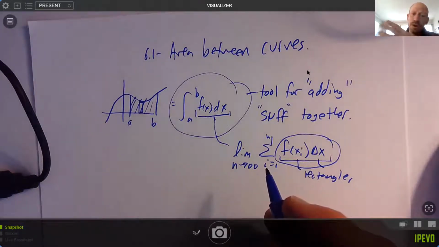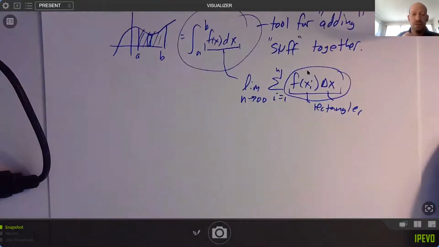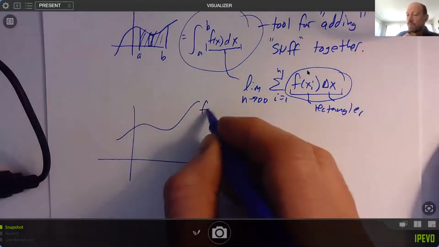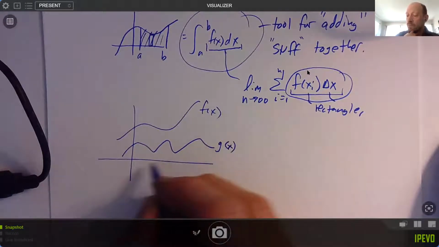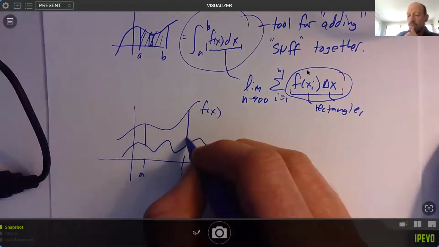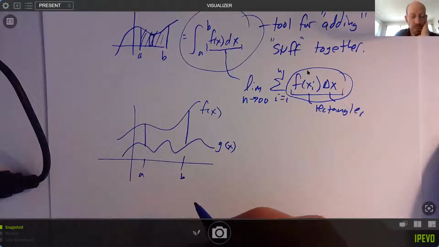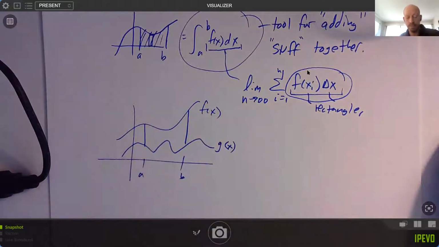So in 6.1, we're still working with areas, but now we want to know the area between two curves. Okay, so we have some function f and some function g, and I want to find the area between them, which is this region in here.